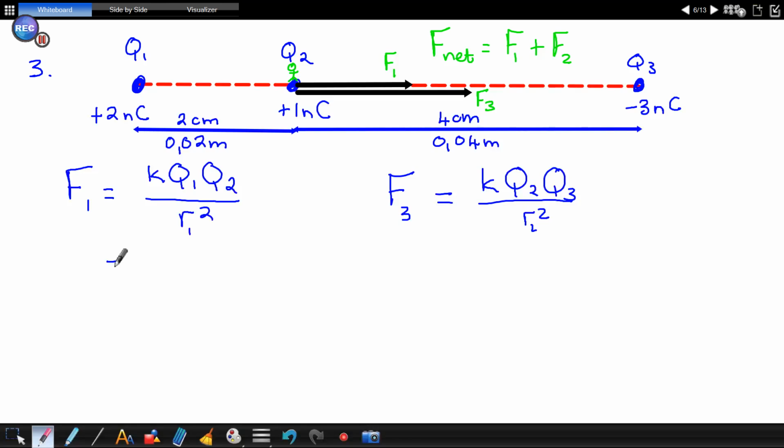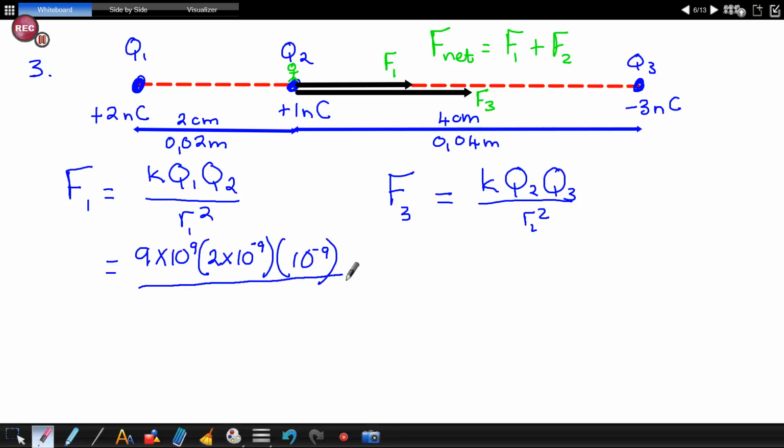Okay. What's K's value? 9 times 10 to the 9. What's Q1's value? 2 times 10 to the negative 9. What's Q2's number? 10 to the negative 9. What's the distance between them? 0.02. That must be squared.